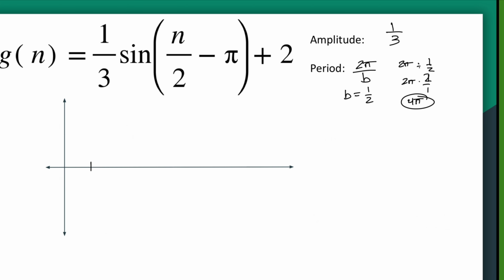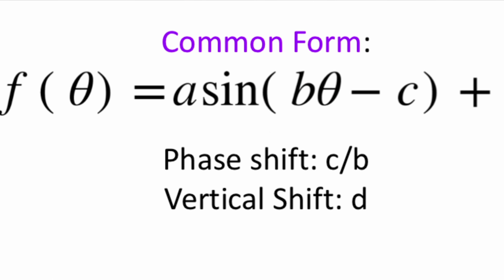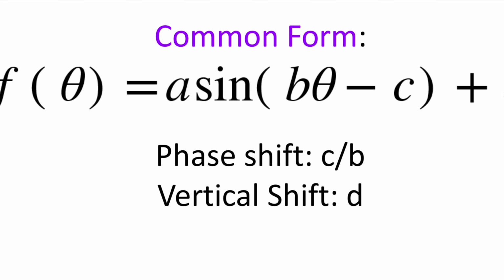So I go to my graph, and I'm going to start putting pi, 2 pi, 3 pi, 4 pi, and notice how I'm leaving room because we also do have a phase shift, okay? Now, our phase shift, if you remember, let's bring this all the way back because it's been a minute here. It is C divided by B, because it's written in this common form right here.